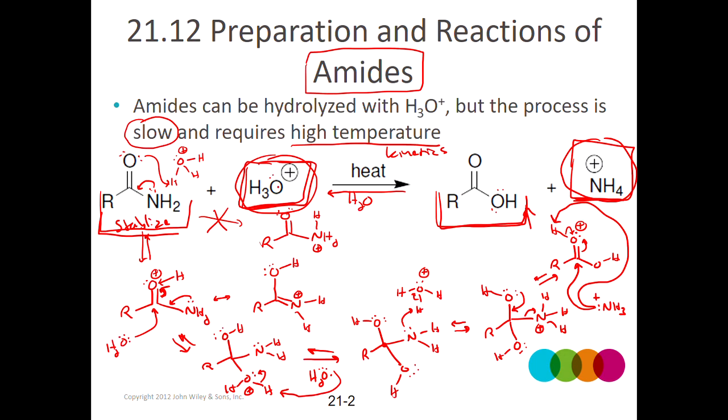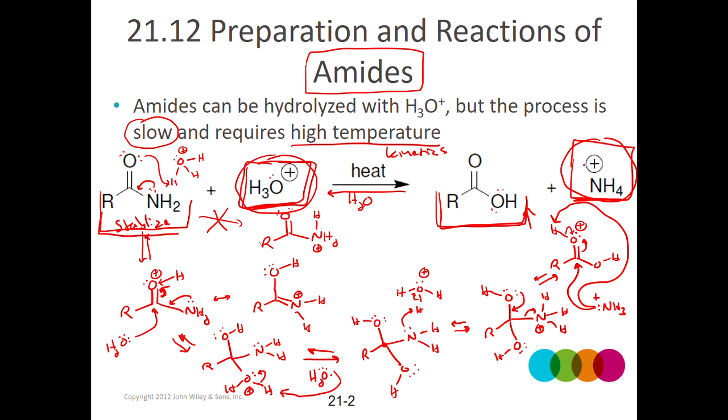An amide with H3O+ and water producing a carboxylic acid. And we said that's product favored because the positive is a lot more stable on the product side versus on the oxygen, despite the amide being a little bit more stable than the carboxylic acid. But the big difference in positive charges on a nitrogen versus an oxygen is a pretty big difference.